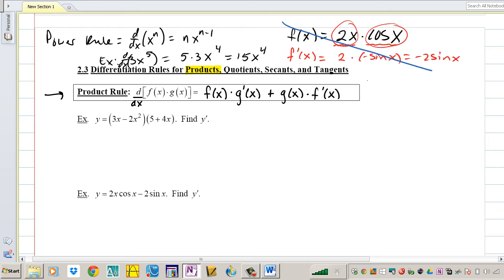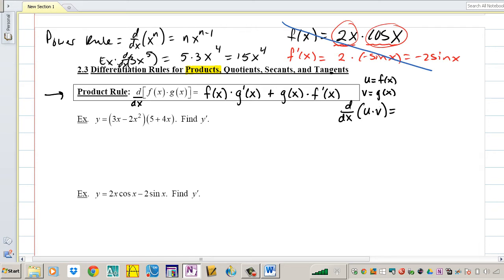Now, let me go ahead and state the product rule a little bit differently. This is very common in a lot of textbooks. We can say that u is f of x and v is g of x. Now, with that statement, I can rewrite the product rule much easier to see and read. If I want to take the derivative of u times v, and notice u and v are not variables, they're functions now.